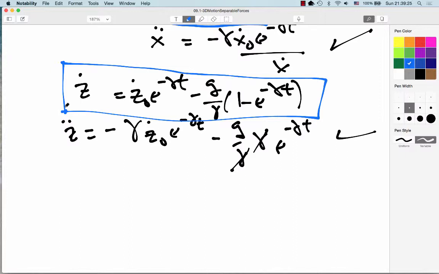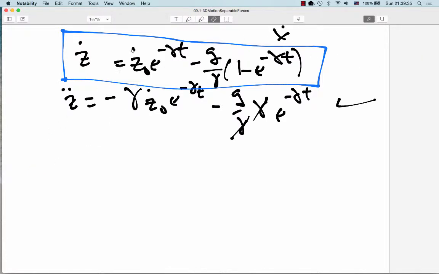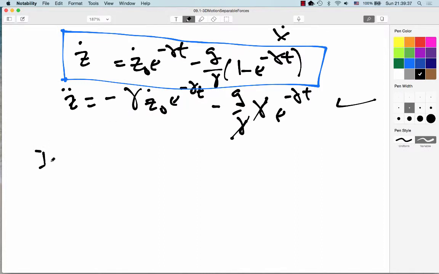Let's also check that the initial conditions make sense. We want z dot at 0. That will equal z naught dot times e to the 0.